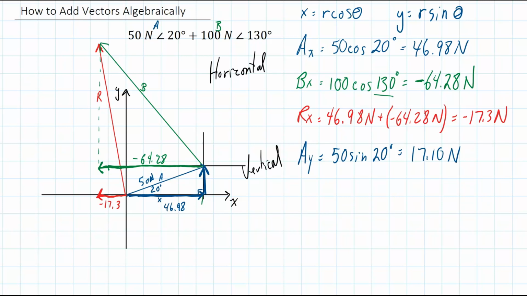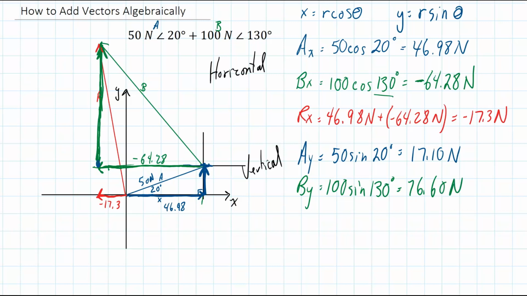We'll do the same for the green. That's going to go from this height right here up. So we go from the horizontal, the x-axis, up to this level. Think of it like an elevator. And from the same level, we are now going up to the very tip. So B sub y is 100 sine 130 degrees, and that number is 76.60 newtons.